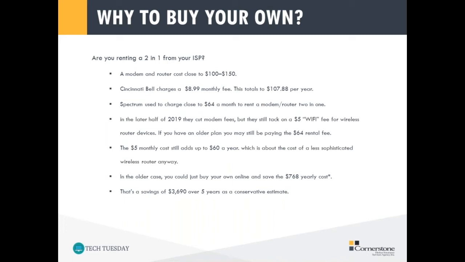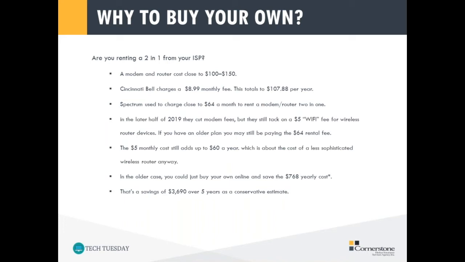So if you're just renting a modem from them and you're not using the Wi-Fi capabilities, just get your own wireless router, and then you don't have to pay the fee anyway. The standalone cost for a wireless router can be between $40 and $80 typically, $60 is just a good middle ground estimate.